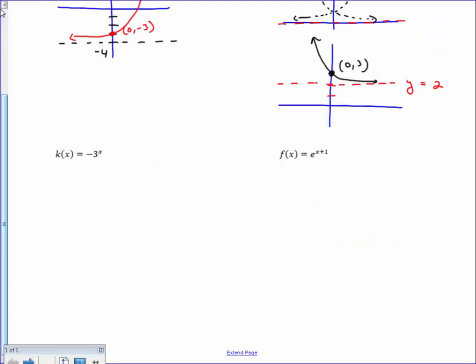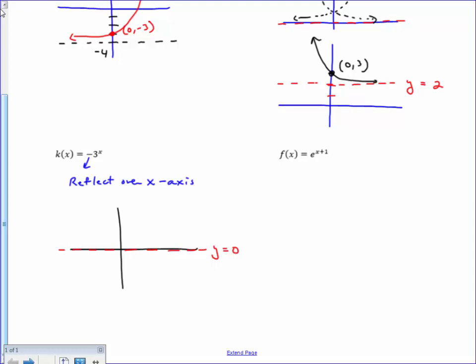Next example down, we have the -3 to the x power. Notice that there's a negative in front of the 3. What that will do is flip or reflect over the x-axis. So our basic shape, we would have a horizontal asymptote along the x-axis at y is 0.